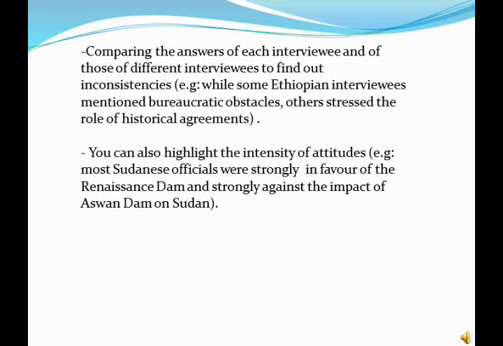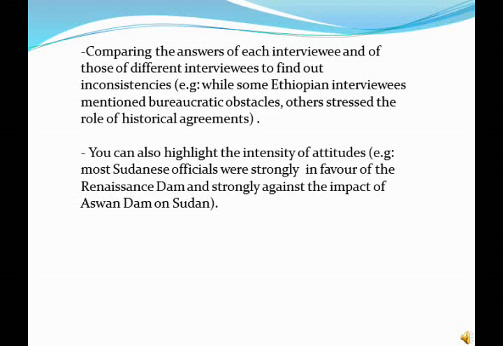Yeah. And you can also highlight the intensity of attitudes, not only how they view or think, but also how strongly they hold this or that position. So again, in my case, for instance, I made the point that Sudanese officials, most of them at least, are very strongly in favor of the Renaissance Dam, which you can see from following the news.